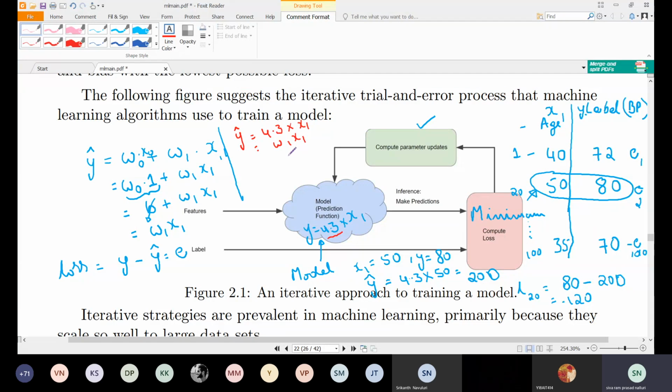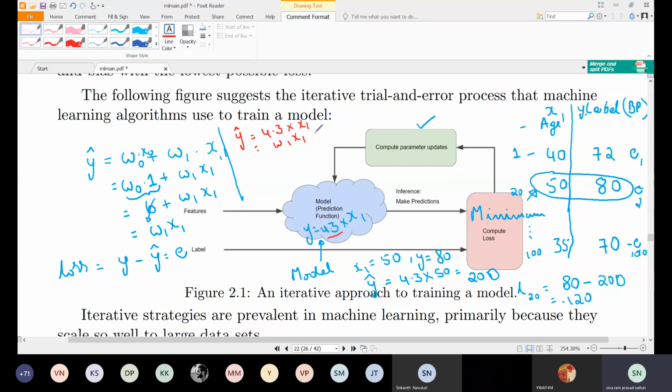So initially you have taken this weight as 4.3. It need not be 4.3. You can initially start with a weight of 0. When you assume the coefficient of age is 0, what your model says is, whatever may be the age, BP is 0 always, because the predicted value BP is equal to 0 into the age input.